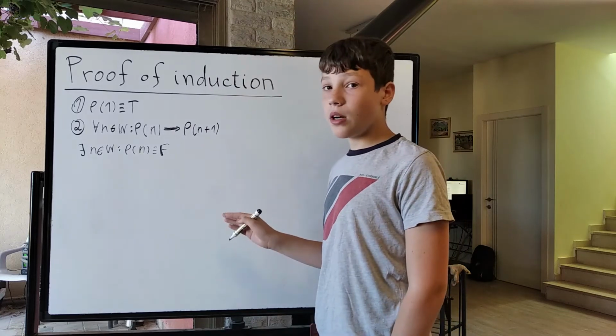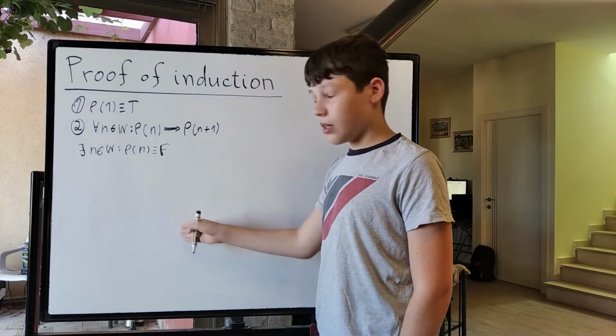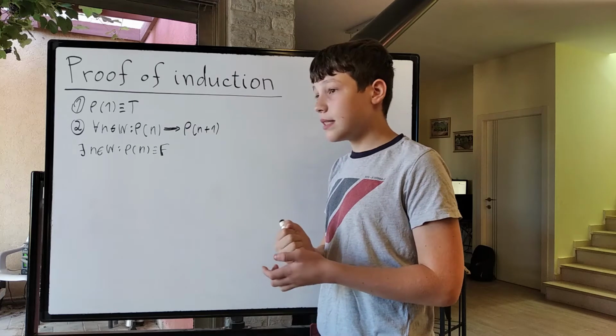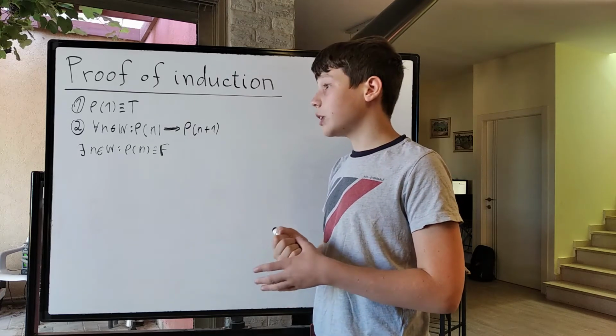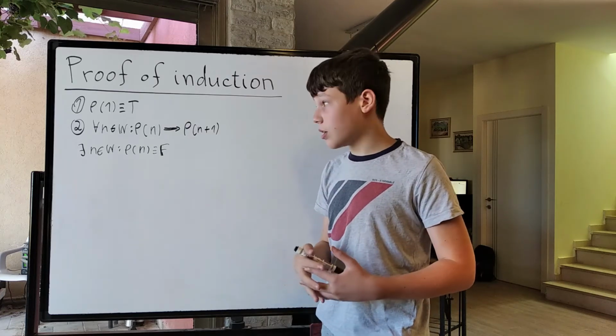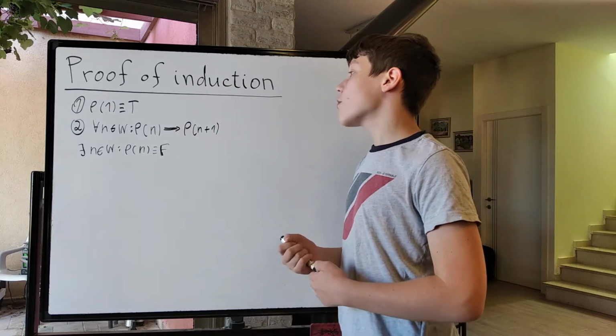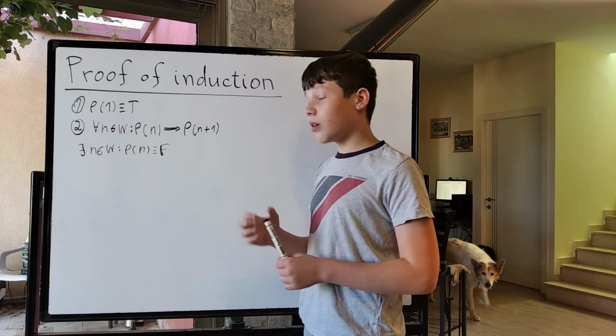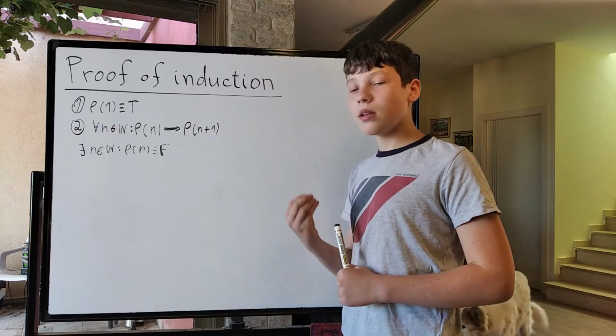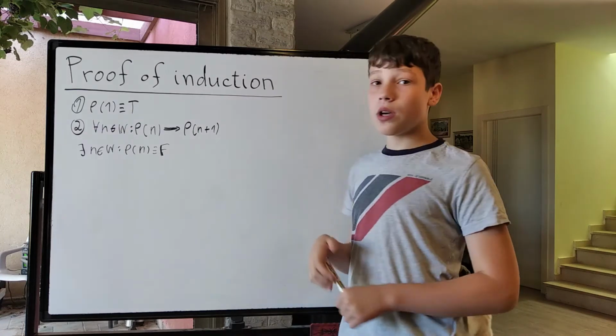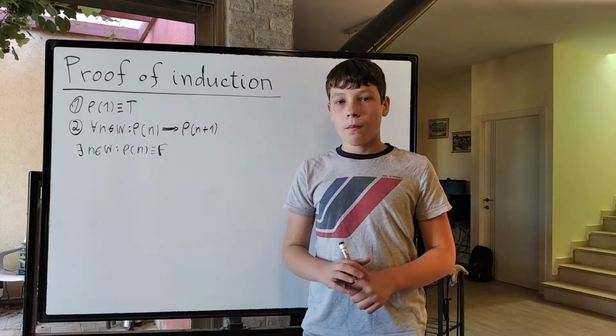And then we're going to build a chain of statements that will eventually lead us to a contradiction, which will tell us that this statement is false, which will tell us for all n natural numbers, we will be able to conclude that P of n is true.